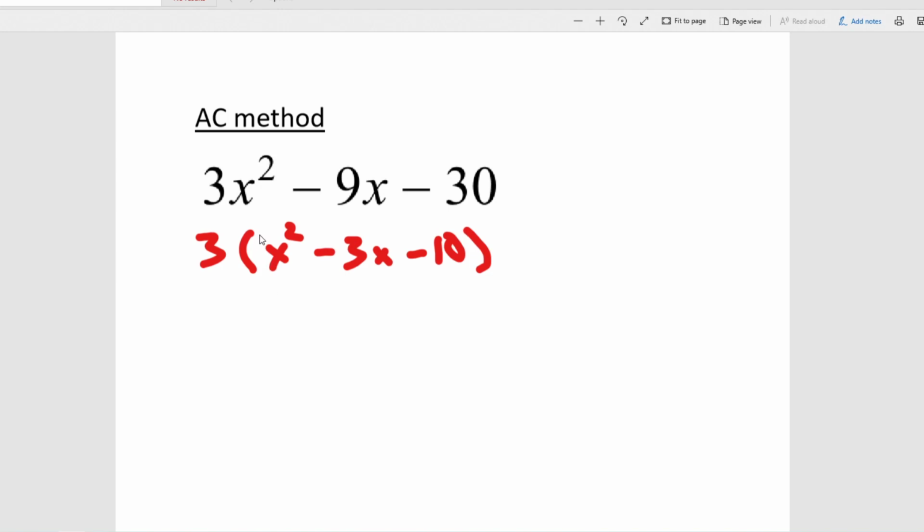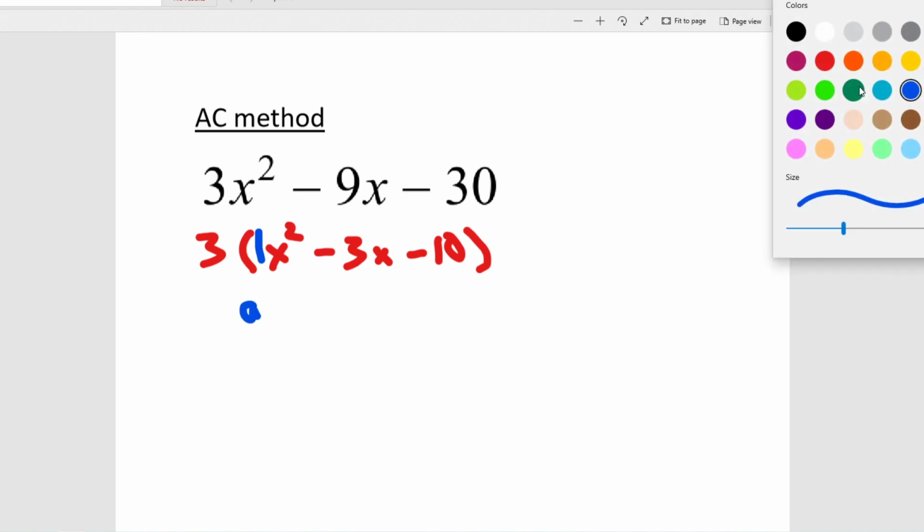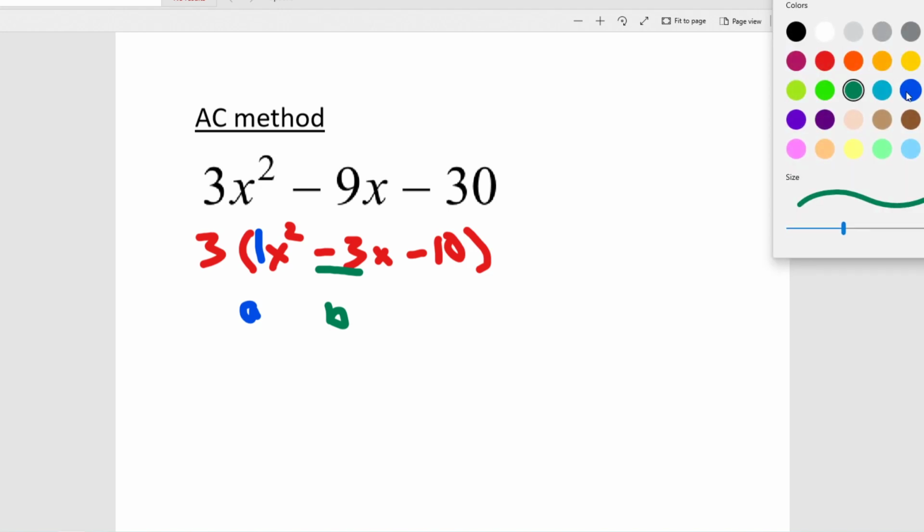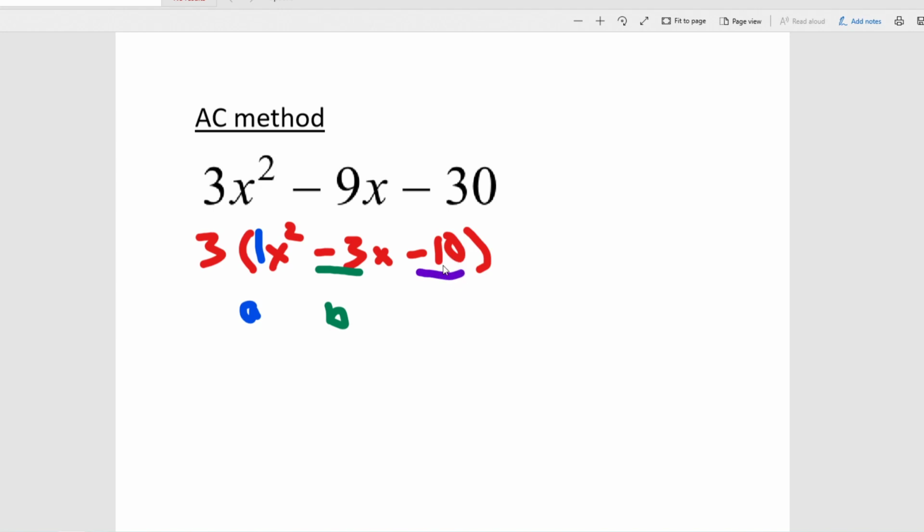The very first number, which is actually a 1 there, that's A. The second number, that's B. And then the third coefficient, or the constant here, that's our C. So it's called the AC method because we take A times C, and that equals negative 10 here. We also look at B. B is negative 3.